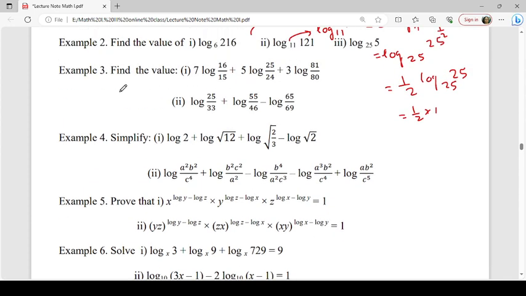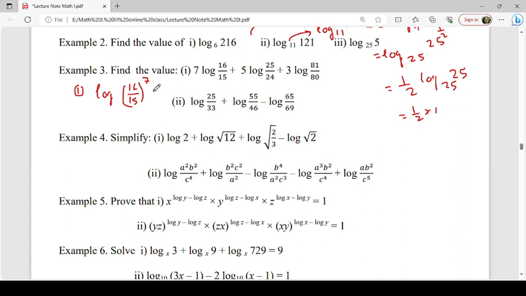So what we do here, base is not written, which means the base is common. So number 1 we can do it like this: log of 16 by 15 whole to the power 7, because this coefficient will become the power. The base we are not writing because the base is common.